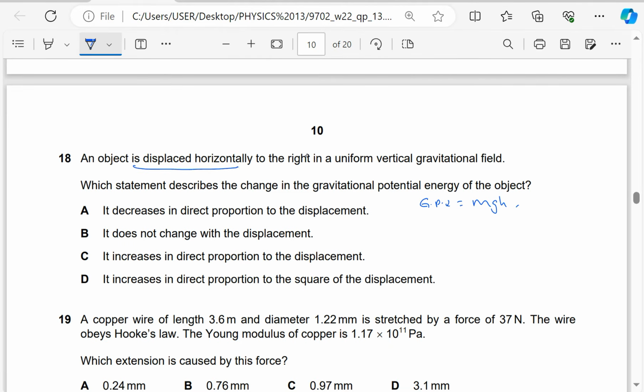It is displaced horizontally, which means h is remaining constant, because moving in the horizontal, the vertical distance from the ground is remaining constant, so it means the gravitational potential energy is not changing. So the answer is it does not change with the displacement, since the vertical distance is remaining the same.